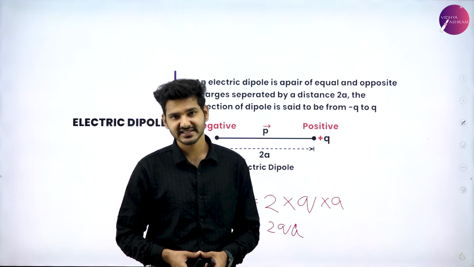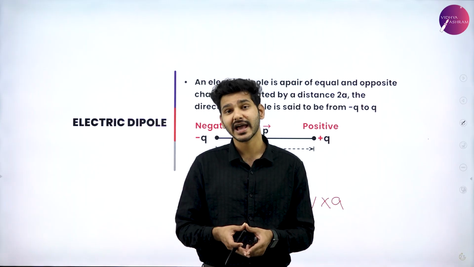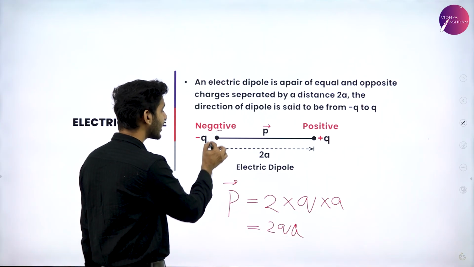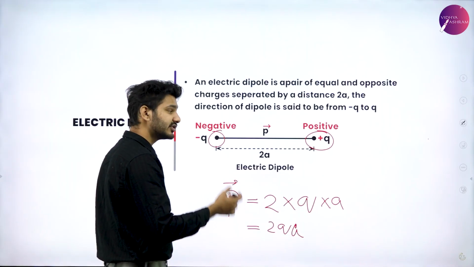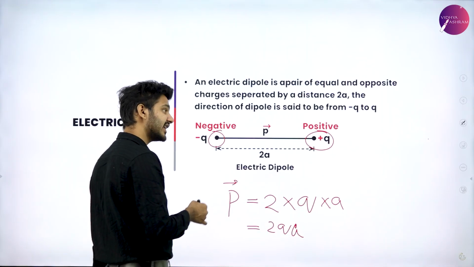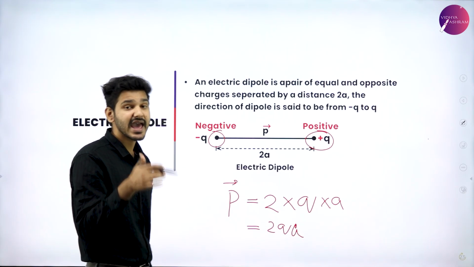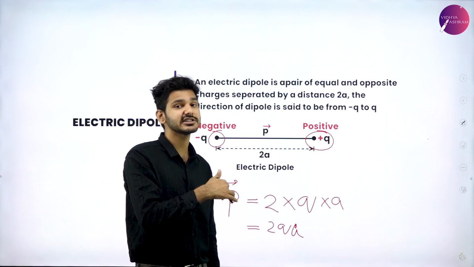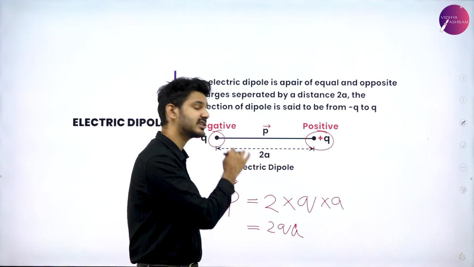In the coming classes, we'll learn how to calculate the electric field due to a dipole, because these two are again charges. These two charged particles will have an electric field around them, and since there is an electric field around them, there will be a force experienced by any particle placed in that region.